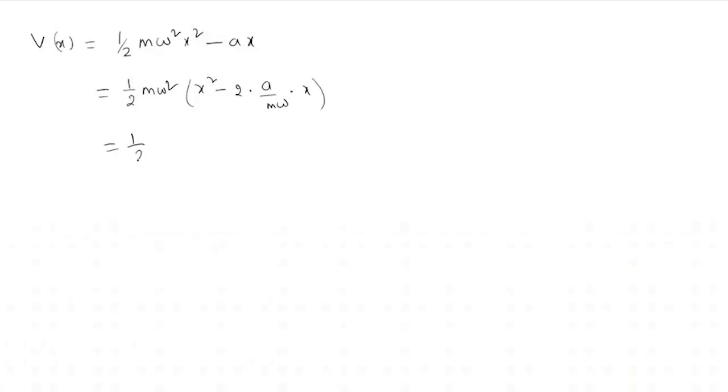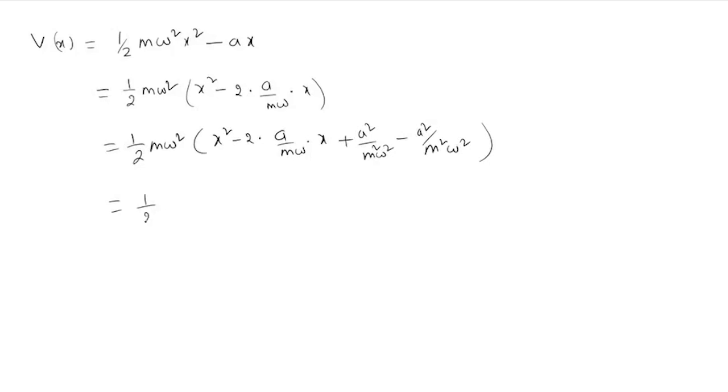I can complete the squares and write x square minus 2a over m omega x plus a square over m square omega square, add and subtract, completing squares, half m omega square. This is x minus a over m omega whole square minus a square over m square omega square, half m omega square.